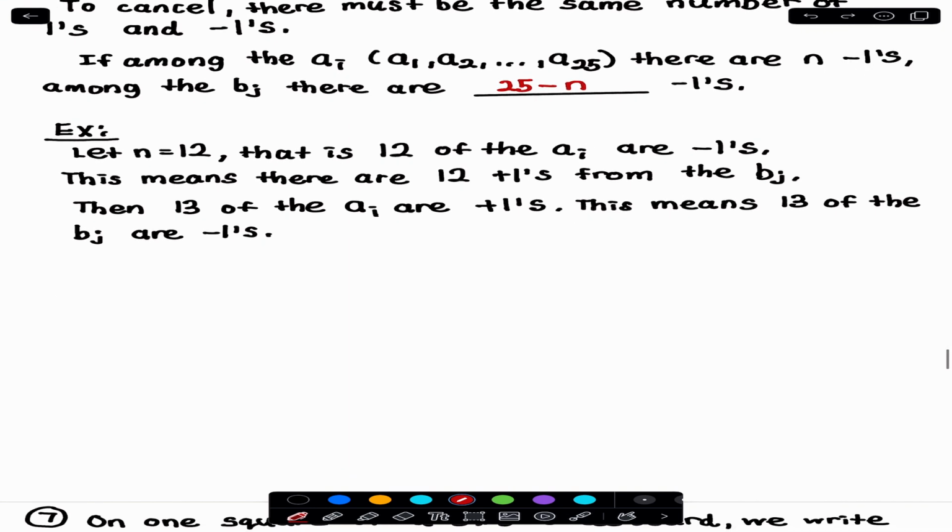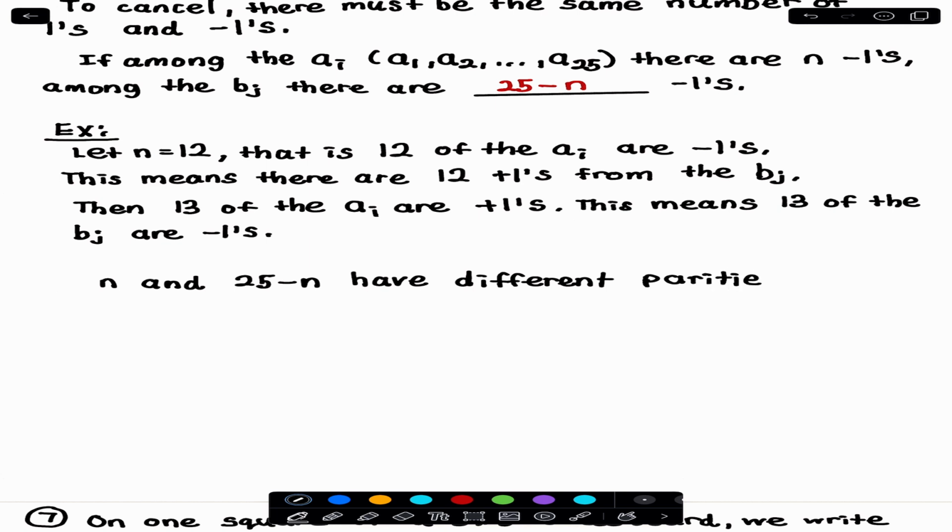So now let's take that fact that we found above, and we're continuing our solution here. n and 25 minus n have different parities. Do you know what I'm about to say? This is very important.